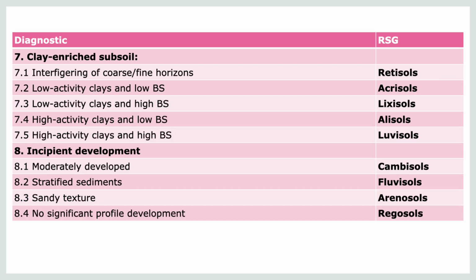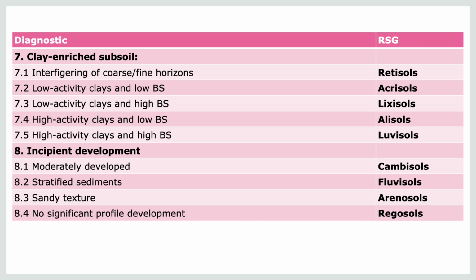We also have some soils that are enriched in clay at subsurface horizon. Some of these soils present an interfingering of coarse and fine horizons with some irregular transitions, irregular boundaries between these two horizons. They are called Retisols.